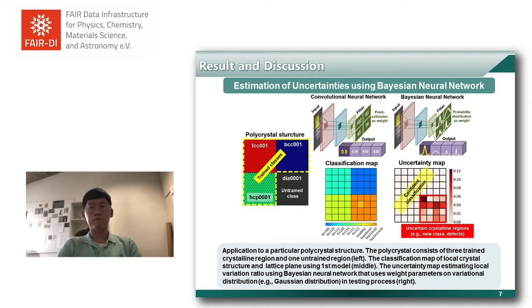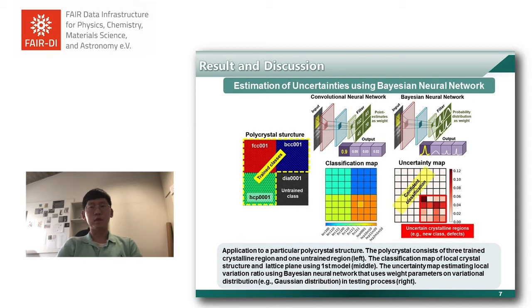And next, we apply it to polycrystal structures. So here is the polycrystal structure that I used in the left figures. There are 4 different crystalline regions, and 3 regions belong to trained classes, and the other one belongs to an untrained class. And using our models, we obtained a classification map like this.